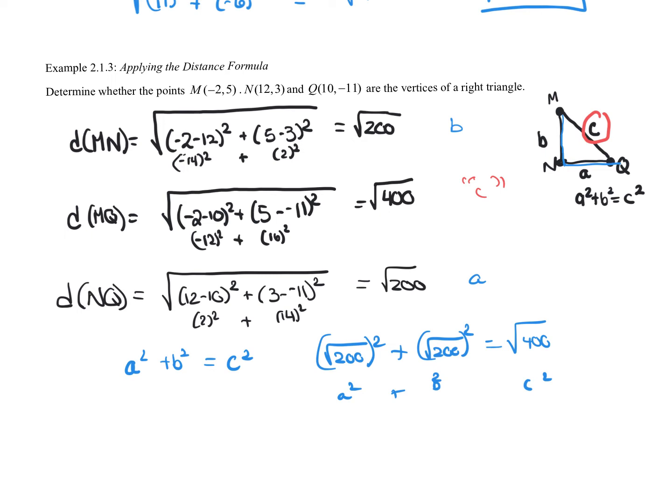So if we do this, the square and the square root undo each other, so I get 200 plus 200 equals 400. And that is true. So yes, this is a right triangle. If the Pythagorean theorem did not work out, then no, it would not be a right triangle.